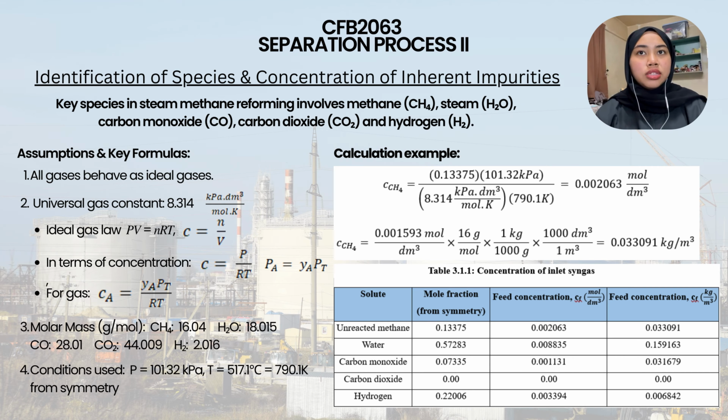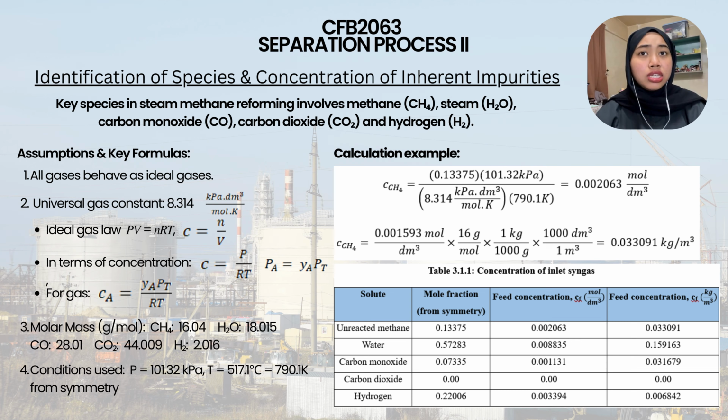Key species in steam methane reforming involve methane, steam, carbon monoxide, carbon dioxide, and hydrogen. To perform the calculation, we make two key assumptions. First, that all gases behave as ideal gases, and second, we use the universal gas constant, R equals 8.314 kPa dm cubed per mole Kelvin.